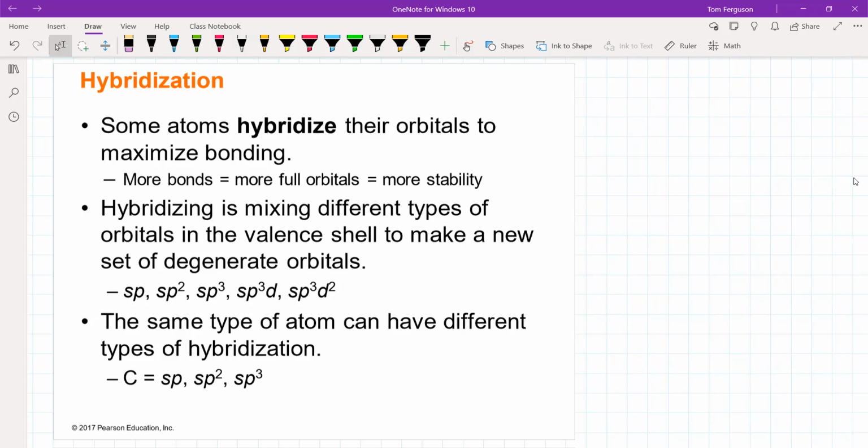The reason why we hybridize is, number 1, stability. And number 2, we hybridize because it answers the question of molecular bond shapes.